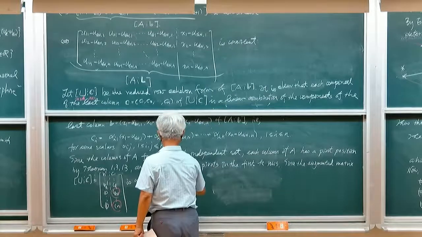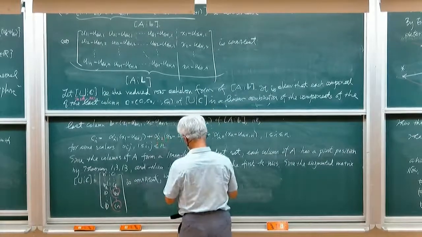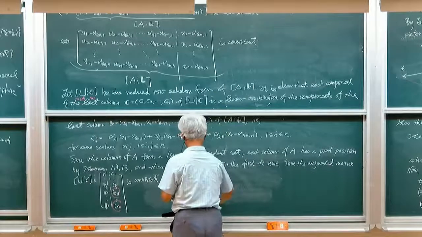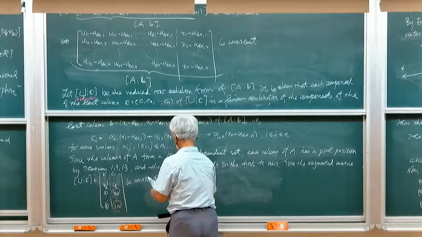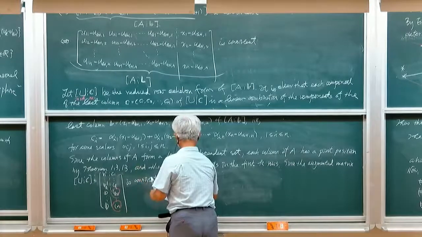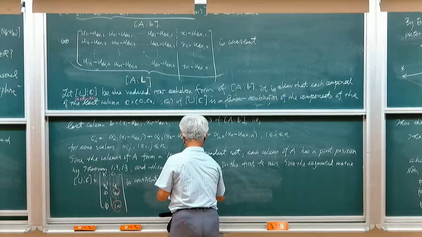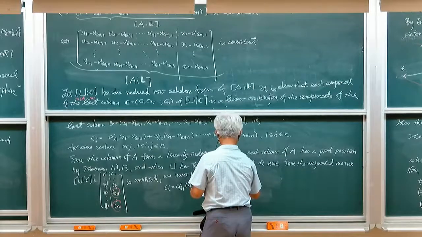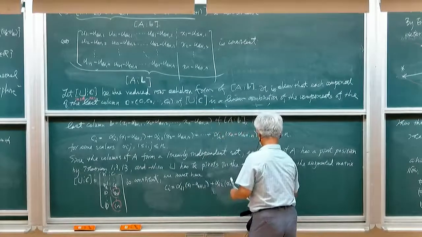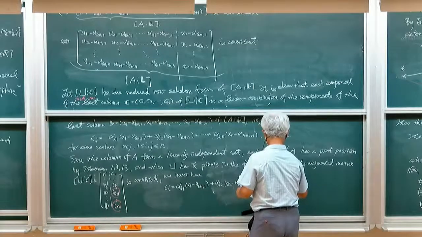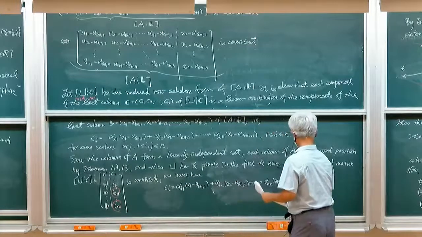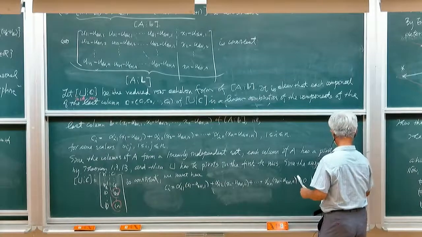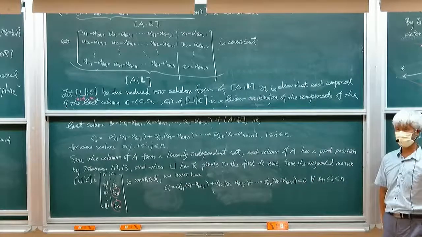So we must have Ci equal to alpha i1 (x1 minus u(k+1),1) plus alpha i2 (x2 minus u(k+1),2) plus ... plus alpha in (xn minus u(k+1),n) equal to 0 for all i from k+1 to n.